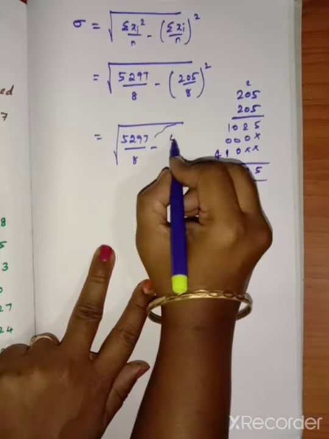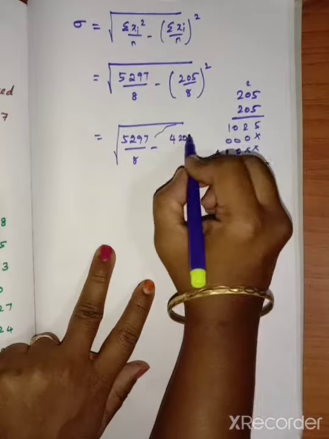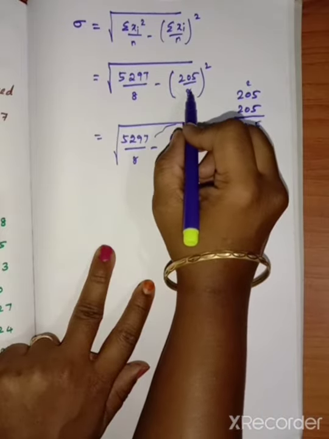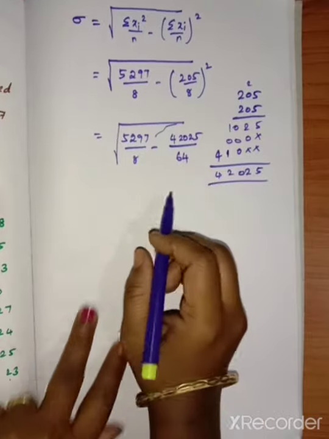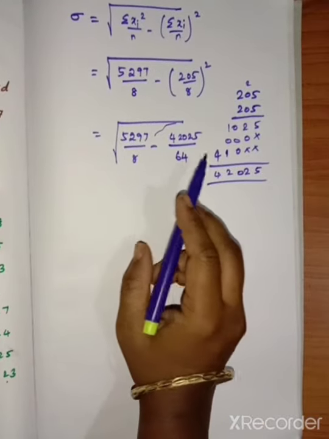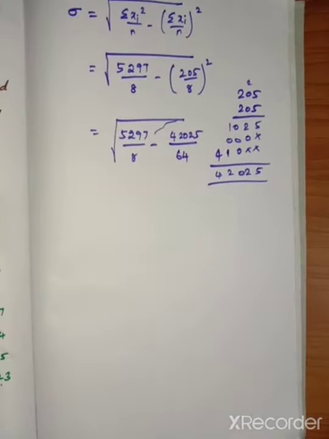So value is 42,025 divided by, here for 8 also the square is there. So 8 8s are 64. If you know the cross multiplication like that, you can divide and get the value, or otherwise you can straightly divide and get the decimal value and subtract, and do the long division method.